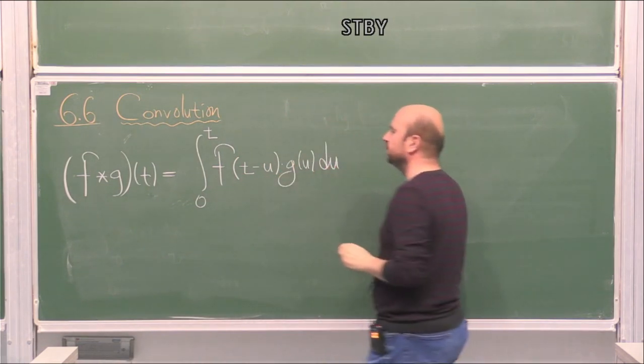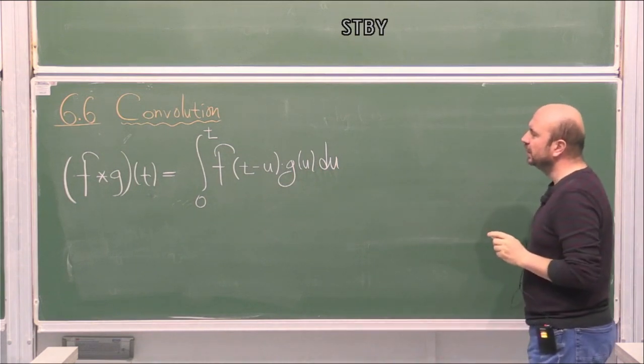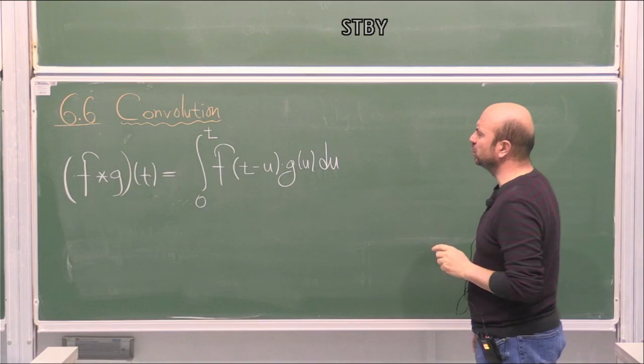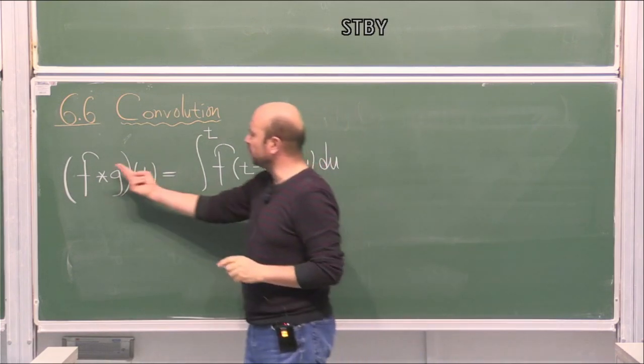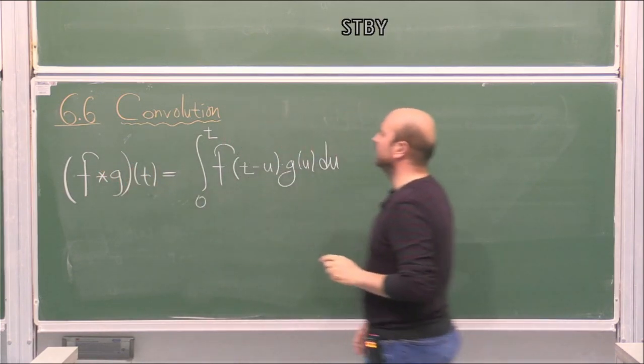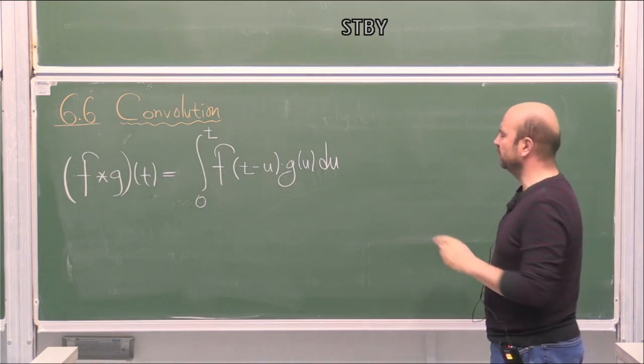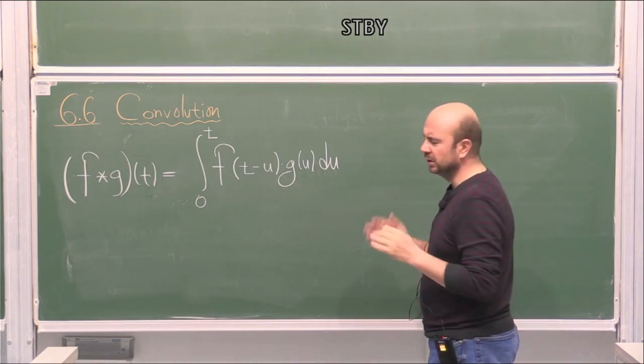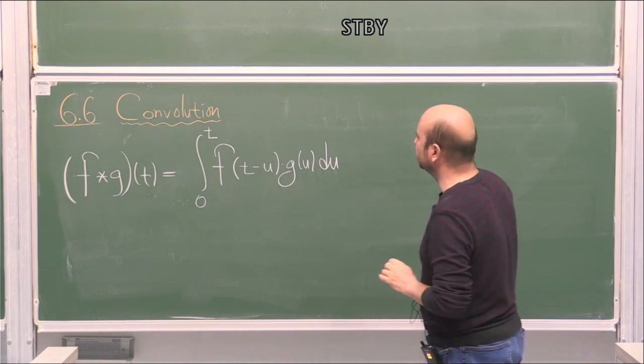So this was the definition of the convolution, and we know that convolution is commutative, so it doesn't matter which one you write first. And we also said it's associative, so if you have more than one convolution, you can start from any one.